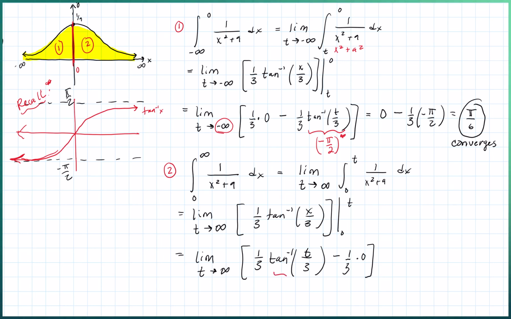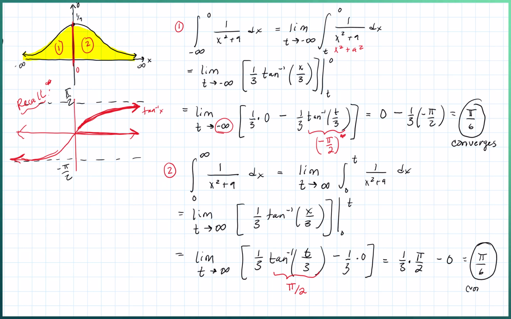Well, as t approaches infinity, this time we're going out this side on the inverse tangent graph. As we're going to infinity, the inverse tangent of something that's approaching infinity is going to approach positive pi over 2. It's going to be going along its graph and getting closer and closer to its horizontal asymptote of positive pi over 2 as we approach infinity. So this is going to become 1/3 times positive pi over 2 minus 0, which of course is pi over 6.